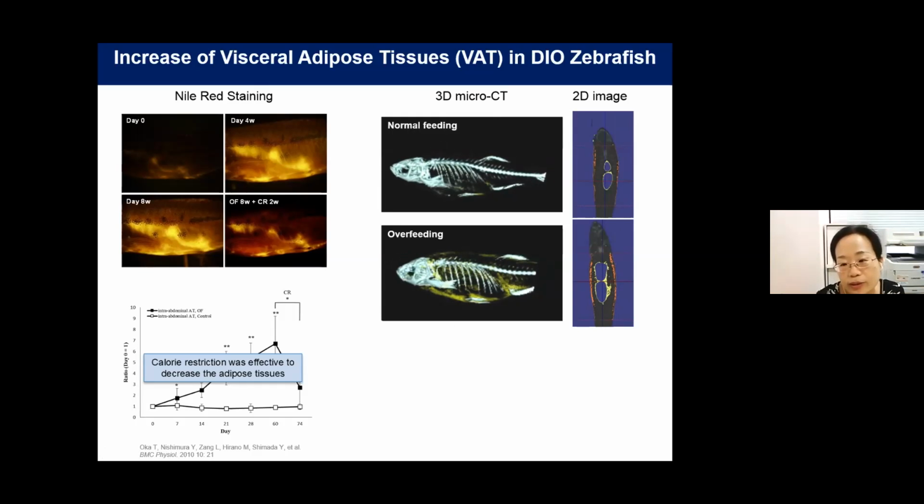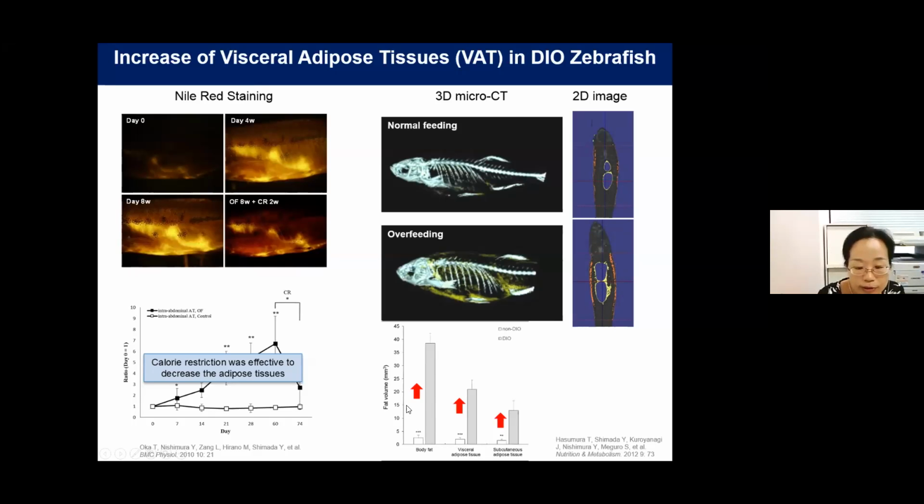The orange color indicates the subcutaneous adipose tissue, and the yellow color indicates the visceral adipose tissue. We can say that after overfeeding, the total body fat, visceral adipose tissue, and subcutaneous adipose tissue were significantly increased.